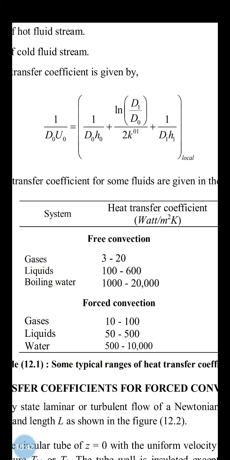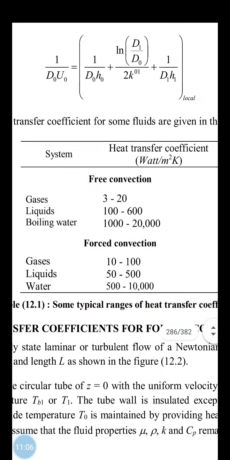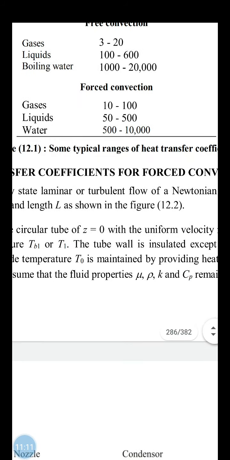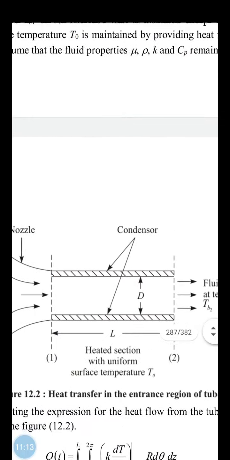For liquids, the heat transfer coefficient is 100 to 600 in free convection. For forced convection, see here, it is 50 to 500. For boiling water, it is 1000 to 20,000. For water, it is around 500 to 10,000. So you are supposed to know these values because it is very important. If the values are not provided, at least you are supposed to know the range.